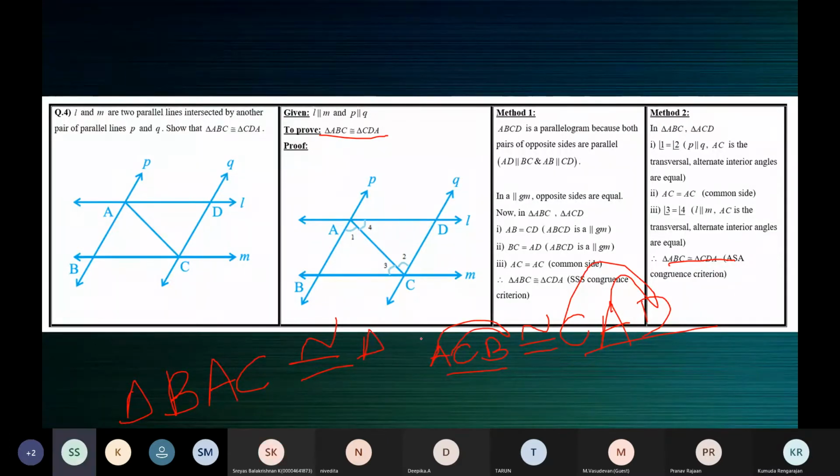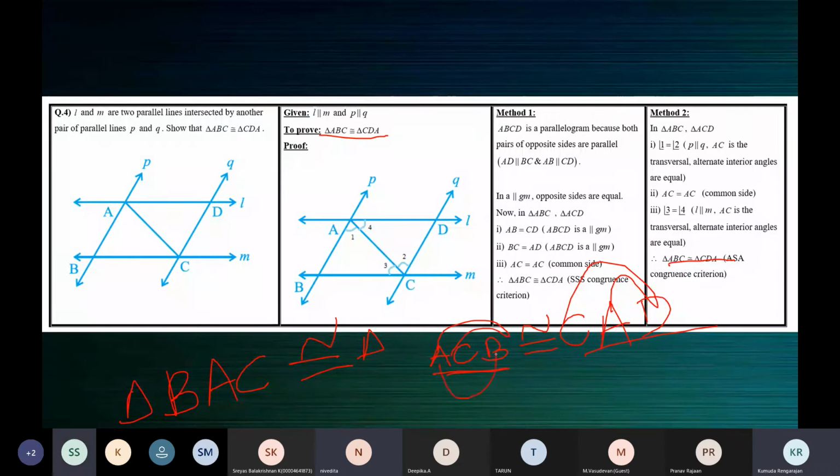CAD? BAC is the third vertex, first vertex, second vertex.